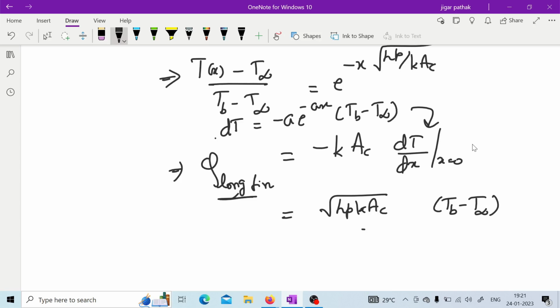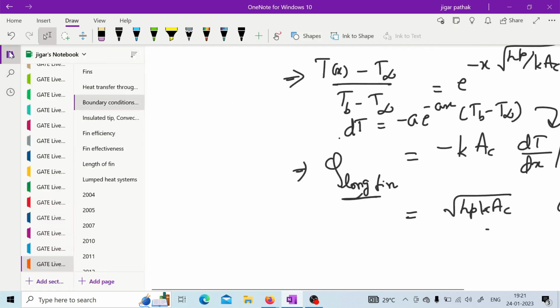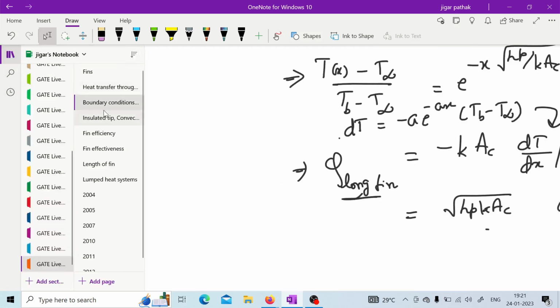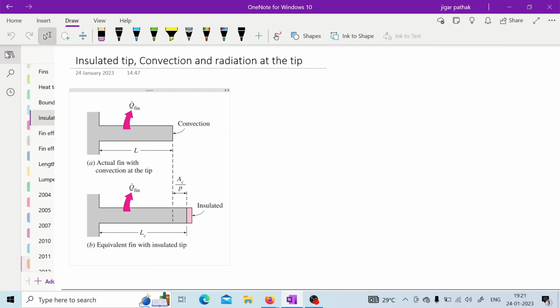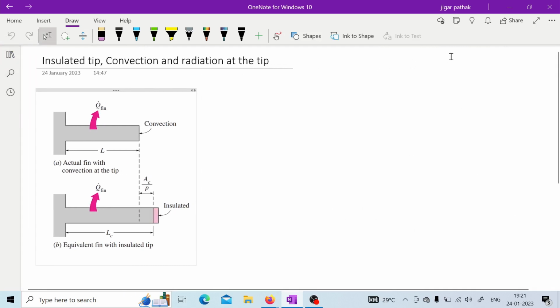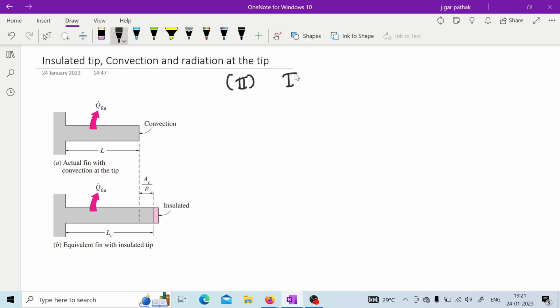Okay, so now once you have an idea about the heat transfer in a very long fin, you can have some other cases also. The second case is you can have an insulated tip, for which heat transfer will be zero. This figure belongs to the third case where convection is allowed.